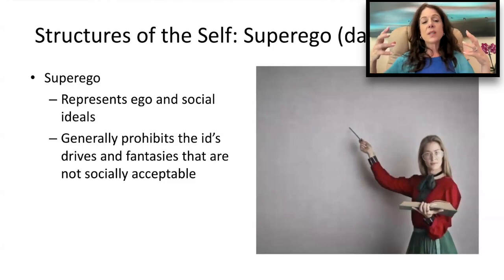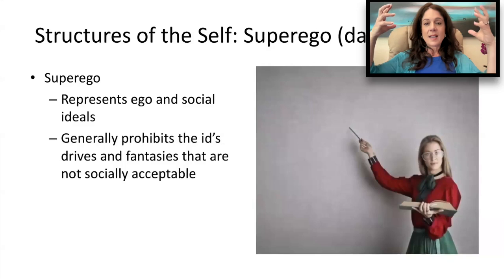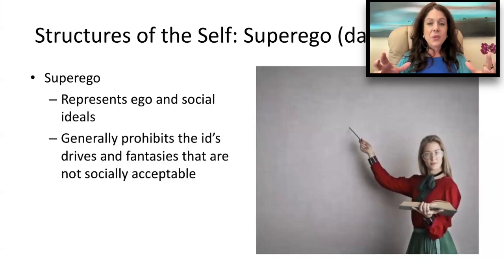So it's social ideals, and it's what you should be doing. So you have the Über-Ich, then the Ich, and then the Es, which is the id. The Über-Ich is making sure that you follow the social rules, that you don't get kicked out of the tribe, right? So its job primarily ends up being prohibiting what the id wants to do.